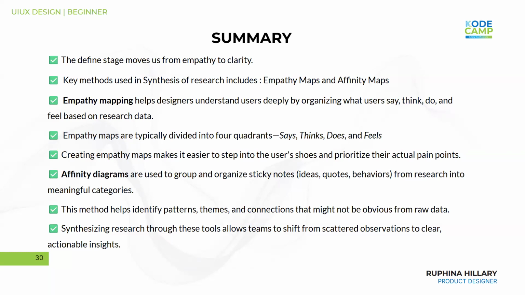Affinity map diagrams are used to group and organize sticky notes from research into meaningful categories. So everything I'm just saying here, I'm just restating everything I've said throughout this whole class. The affinity map method helps to identify patterns, themes, and connections that might not be obvious from the raw data. Synthesizing research through these tools allows teams to shift from scattered observations to clear, actionable insights.